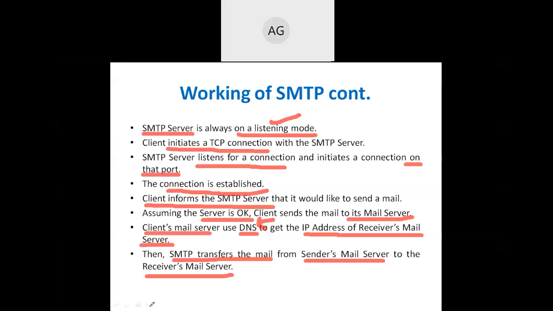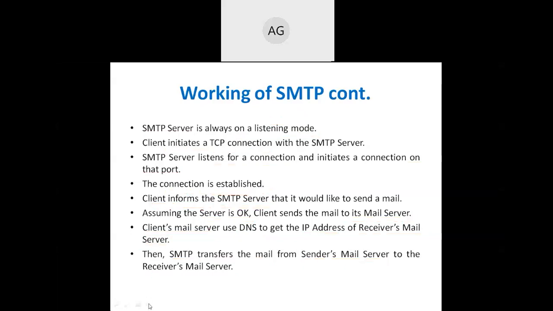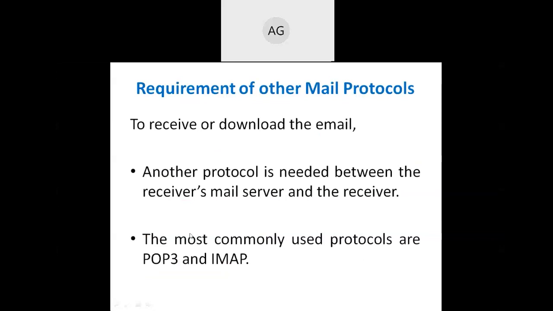So moving on to the next slide. Now, the requirement of other mail protocols. As we already discussed in the diagram, to receive or download the email, another protocol is needed between the receiver's mail server and the receiver.